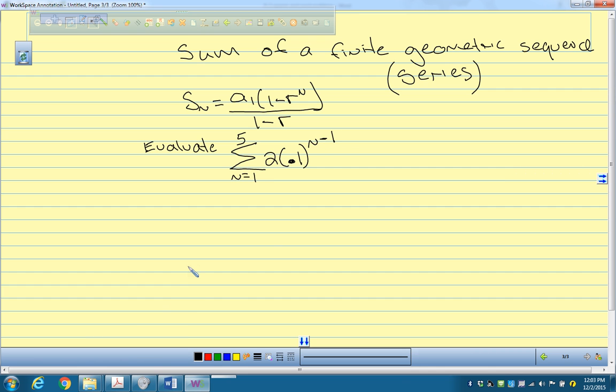So say I want to evaluate this geometric series. What would be the first term in this series? 2, right? What would be the next term? If I plug in 2 here, what's 2 times 0.1? It would be 0.2, right? What would be the next term?